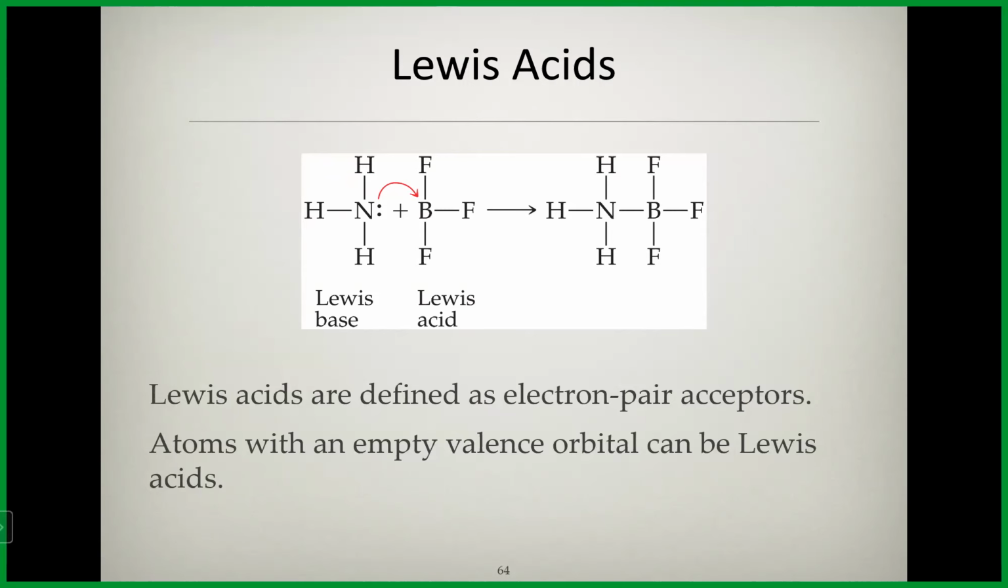And then there is one additional definition for acids and bases that we haven't really talked about at all. So we looked at the Arrhenius acid and base, which increases hydrogen ion or increases hydroxide ion for acid and base, respectively. Bronsted-Lowry is donating or accepting a proton.